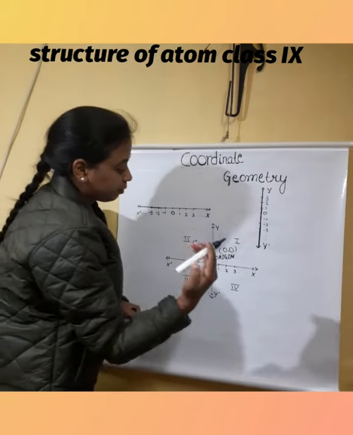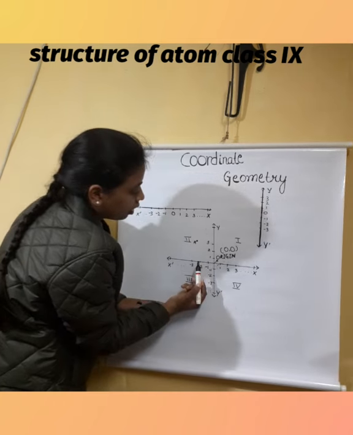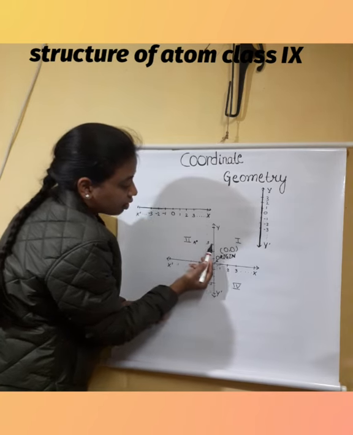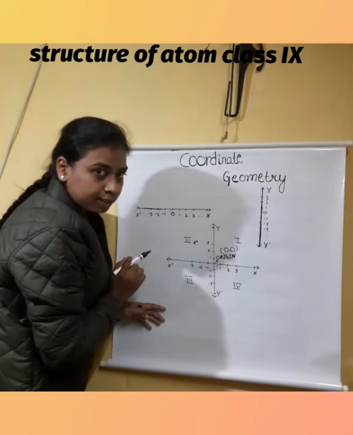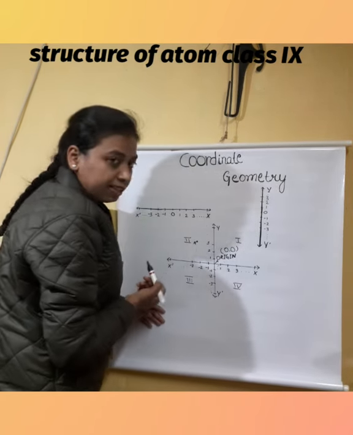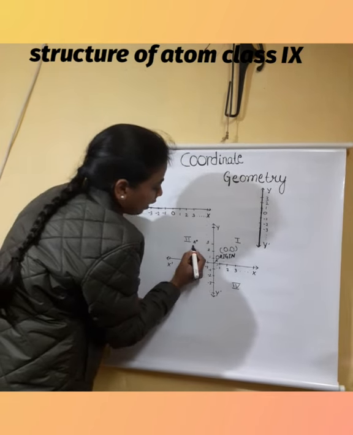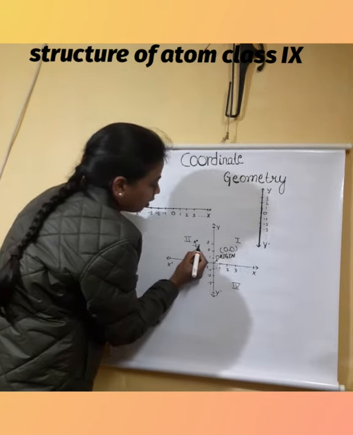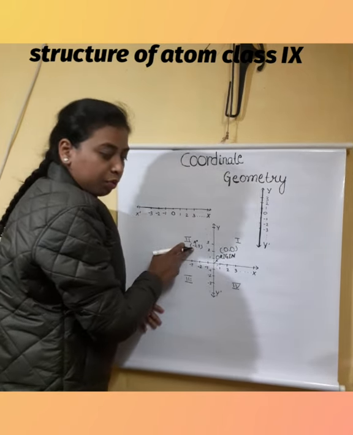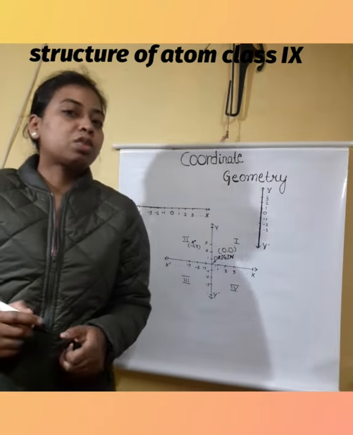We'll see that A is 2 units away from the y-axis and 3 units away from the x-axis. So its coordinate is (-2, 3). We write the x coordinate before the y coordinate, right? So the person is standing at (-2, 3).